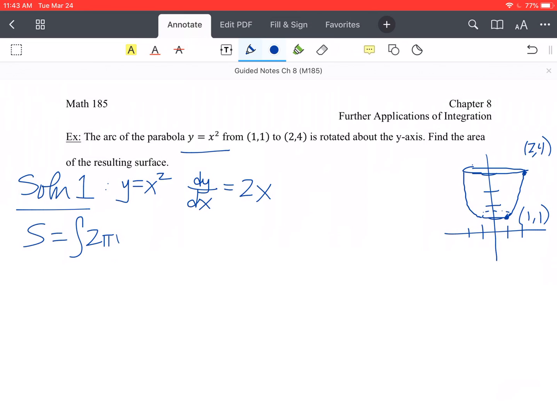We're using the 2 pi x on this one. 2 pi x ds. And then this is the integral from 1 to 2 of 2 pi x times the square root of 1 plus the derivative squared. So that's 4x squared dx.